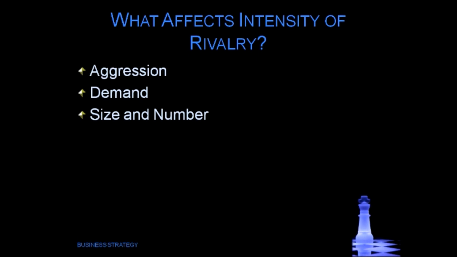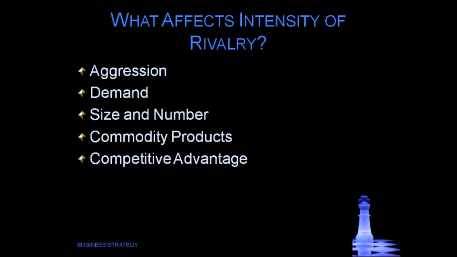Few large competitors means that intensity of rivalry will increase. Commodity products often affect the intensity of rivalry because we have to fight to gain market share if nobody knows who we are. Sugar, sugar. A competitive advantage. If one company has a strong competitive advantage, that will decrease the intensity of rivalry. And the other four forces.